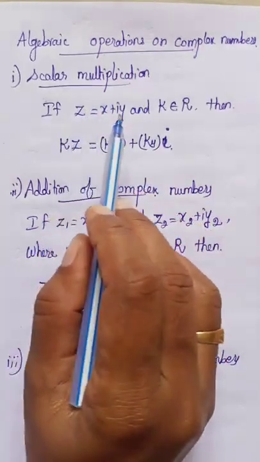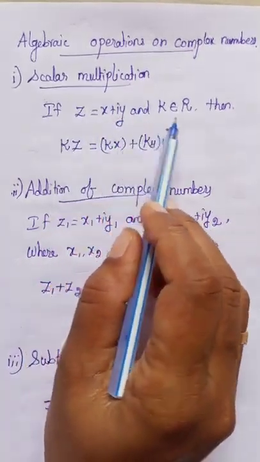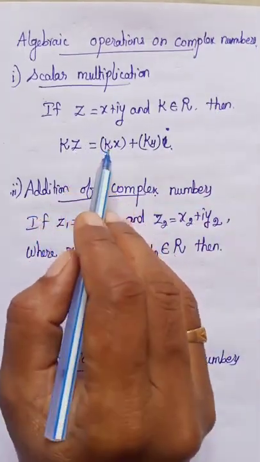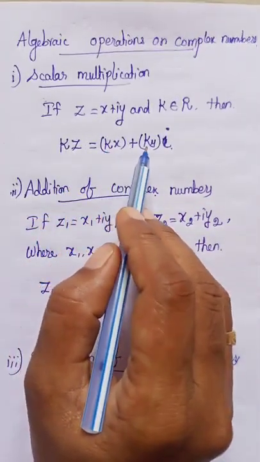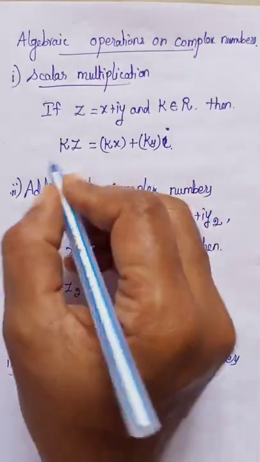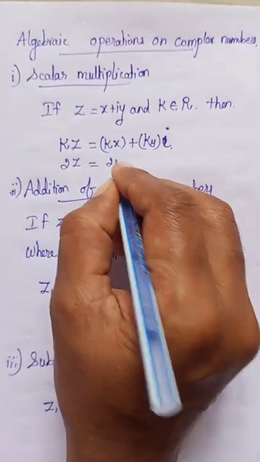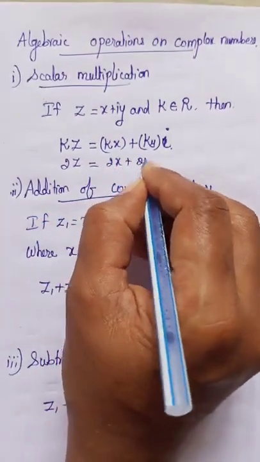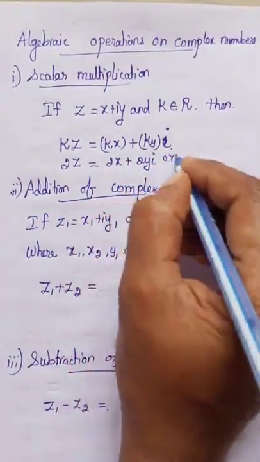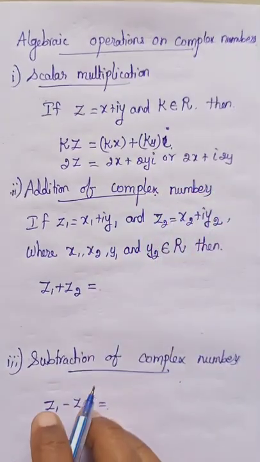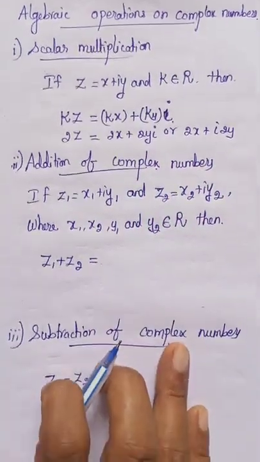See, if z is equal to x plus iy and k belongs to R, any real number, then k into z is our ordinary multiplication, kx plus ky i. Or if it is 2 into z, that is 2x plus 2y i, or 2x plus i into 2y. Both are the same. Just our ordinary multiplication.